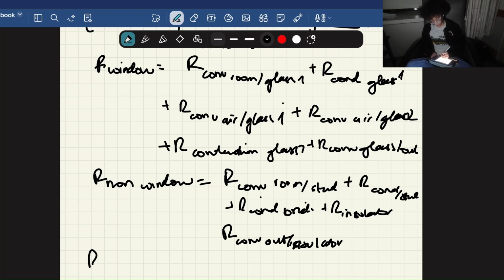So the total resistance in this question would just be the total resistance of the window plus the total resistance of the non-window.